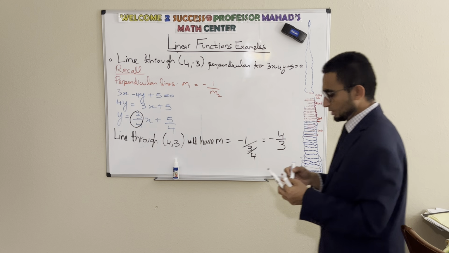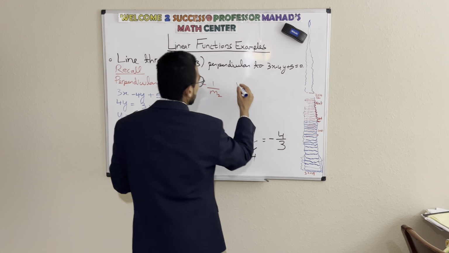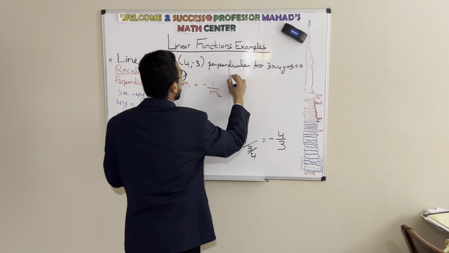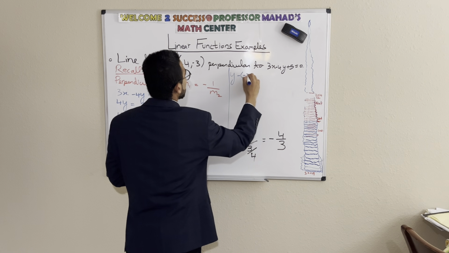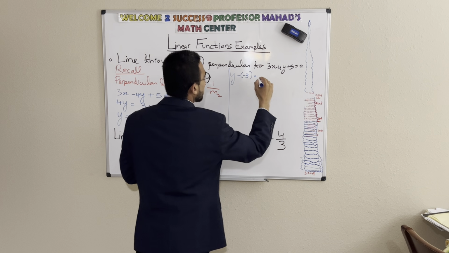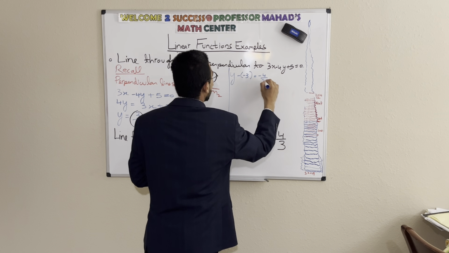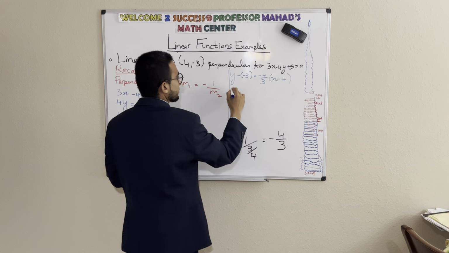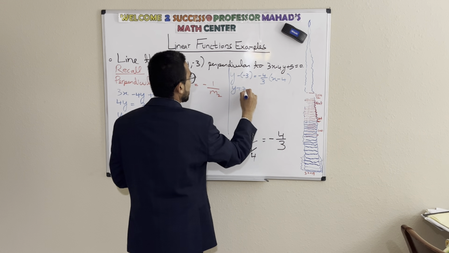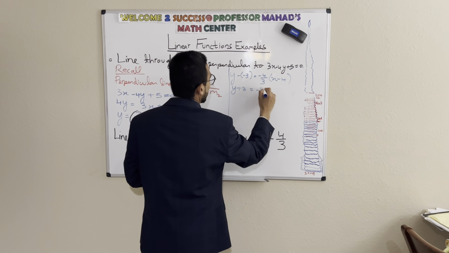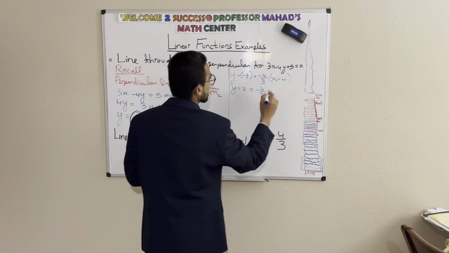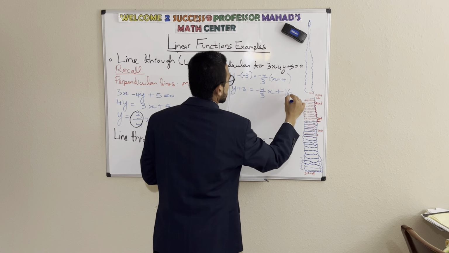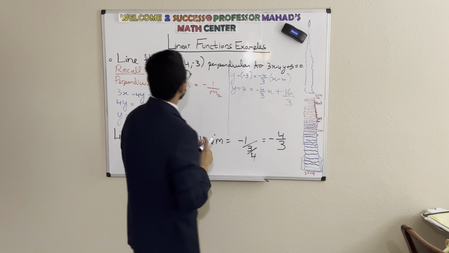So here, y minus -3 is equal to -4 over 3 times x minus 4. So we have y plus 3 is equal to -4 over 3x, right, plus 16 over 3.